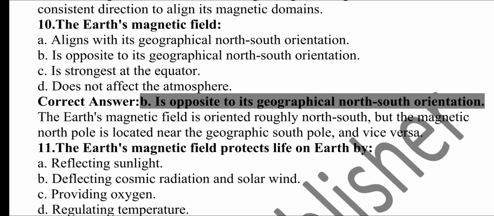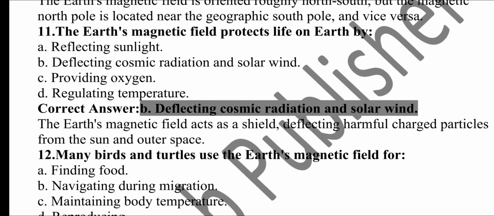Correct answer is option B, is opposite to its geographical north-south orientation. The Earth's magnetic field is oriented roughly north-south, but the magnetic north pole is located near the geographic south pole and vice versa.